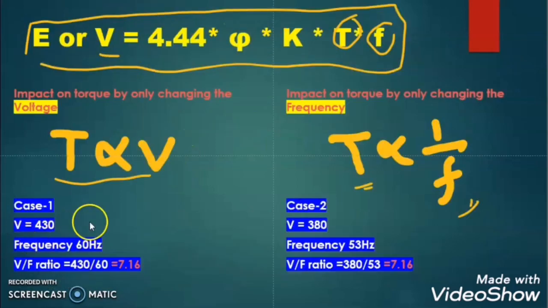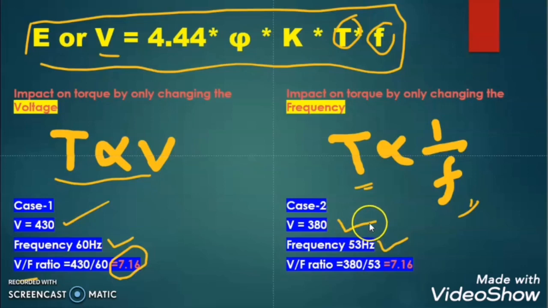Now in the voltage and frequency constant ratio method, we are changing the voltage as well as the frequency. In the first case, the voltage is 430 volt and the frequency is 60 Hz. So what is the voltage to frequency ratio? 430 by 60 is about 7.16. In the second case, we change the frequency to 53 Hz and the voltage to 380 volt.